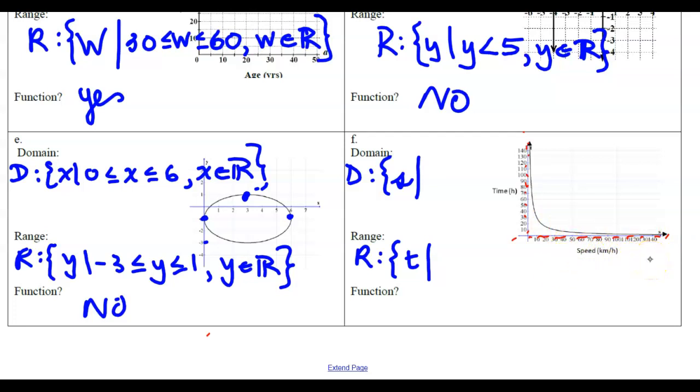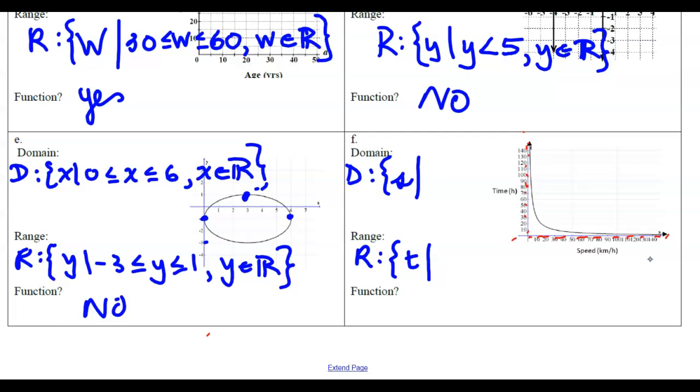As your speed is increasing, say there was no limit to how fast you could go, there is still no way that you could get to the time that it takes you to get somewhere in no seconds. It's not Back to the Future, where you can skip time.